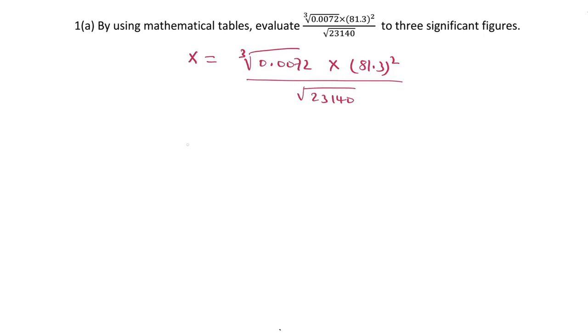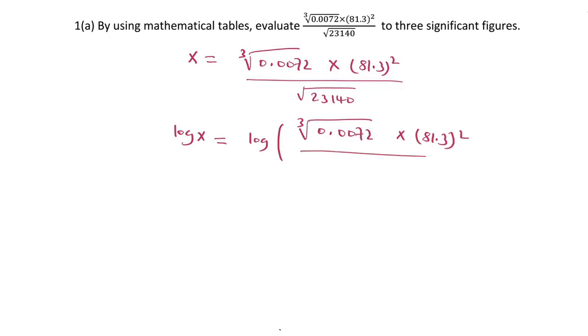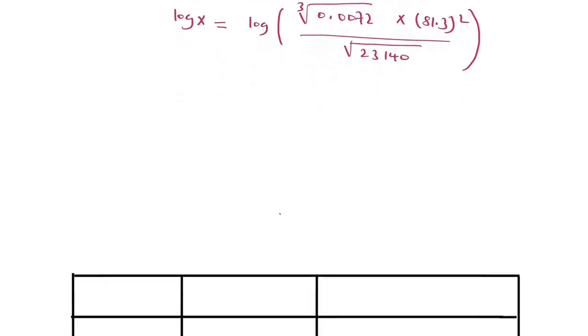Our equation is going to be log x equals log in brackets cube root of 0.0072 times 81.3 squared over the square root of 23,140. Okay, so now let us prepare the table which will summarize the results of our logarithms.